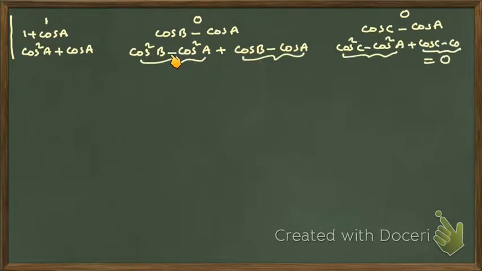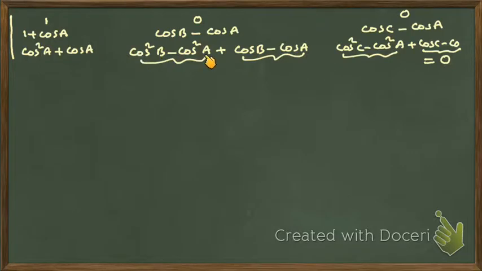What's the advantage of it? We can see that this cos square b minus cos square a is like a square minus b square. So a plus b into a minus b. Which means I can factorize this as cos b minus cos a into cos b plus cos a. So I have a cos b minus cos a here, and I have a 1 into cos b minus cos a here as well.